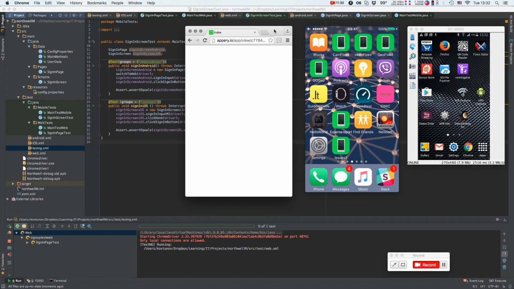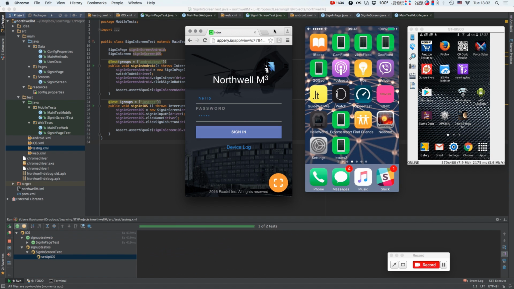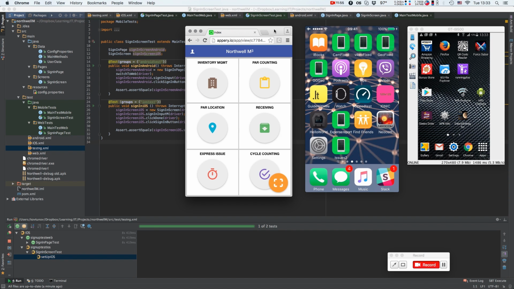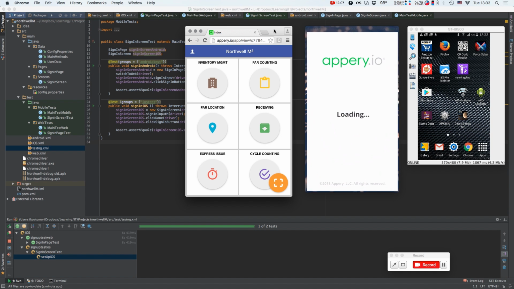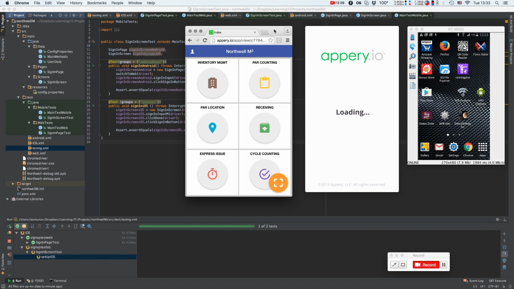The devices are hooked up to a computer. Our test scenario is very short for the sake of simplicity, and it verifies a sign-in procedure. Now Selenium and Appium are starting. The test script is being sent to the platforms. Voila! The test is running.